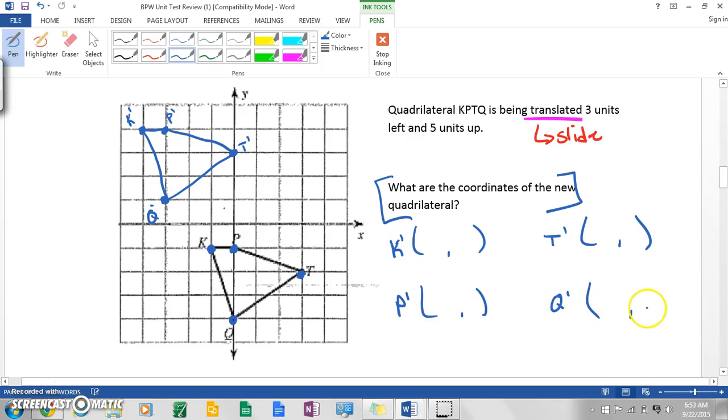Before I go through it, pause the video and see if you can identify where each one of these are. If it helps you to label your axes, 1, 2, 3, 4, 5, this would be -1, -2, -3, -4, -5.